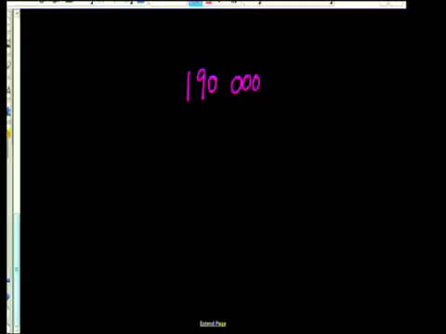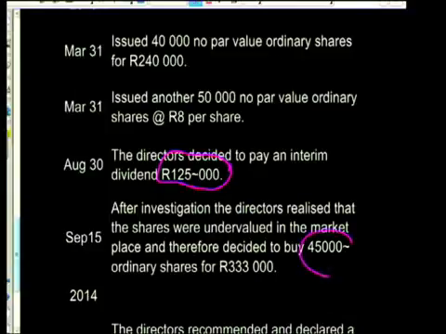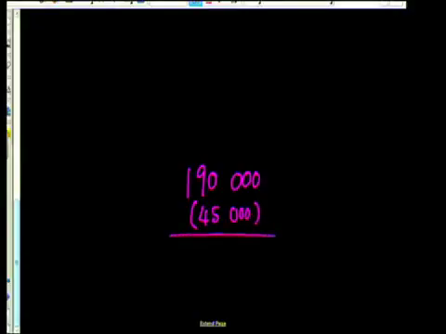Remember that we had bought back some shares. How many shares did we buy back? Let's look at our information. It will tell us that we bought back 45,000 shares. Therefore, 45,000 shares is the number of shares that we bought back. Let's subtract that.